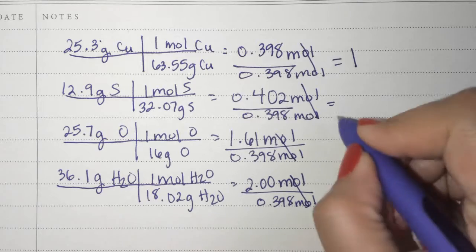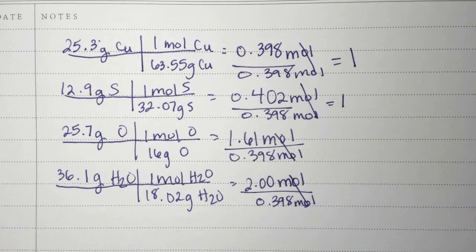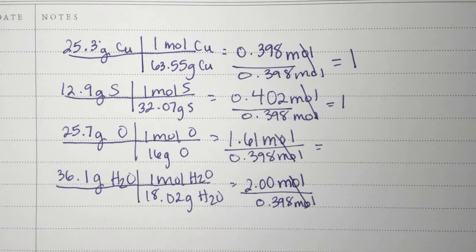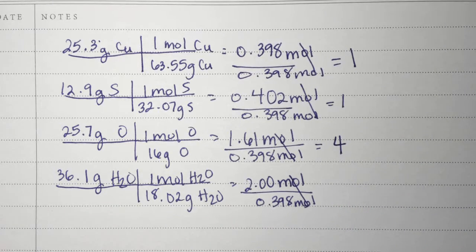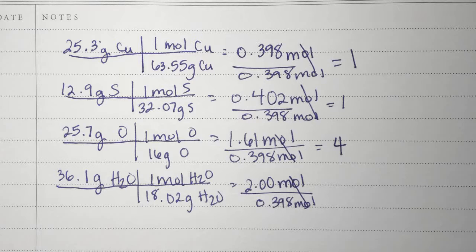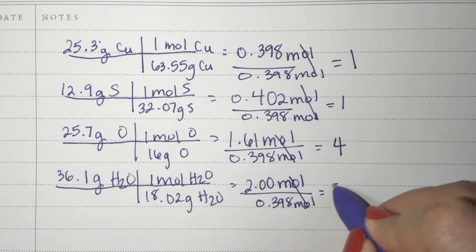You get 1.01, which now we can round to 1. You can get 1.61 divided by 0.398, and you get 4.04, which is close enough to 4 that we will round to 4. And then we have 2 divided by 0.398, and we get 5.02, which is also close enough to 5.